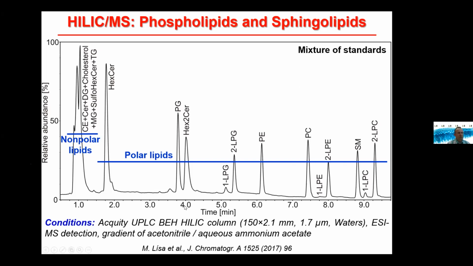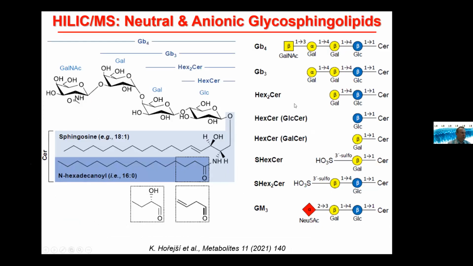You can see that within about 10 minutes, you may separate many polar lipid classes, but unfortunately, non-polar lipid classes and some ionic lipids are coeluting in the void volume of the system. It means that you are able to quantify also cholesterol esters and triacylglycerols, but not di- and monoacylglycerols due to common fragment ions with PGs.